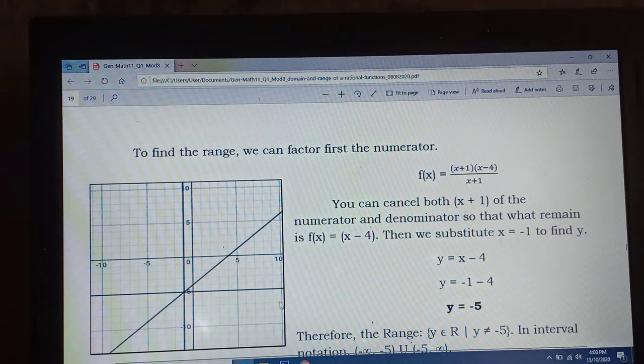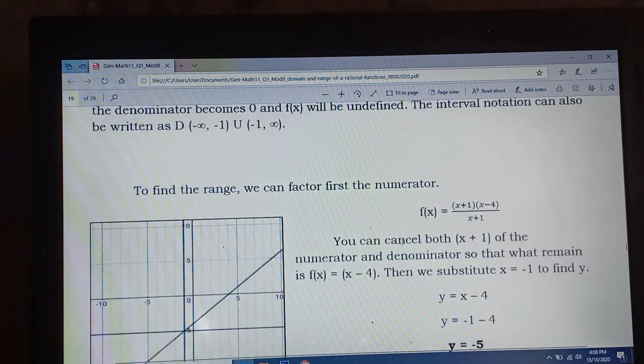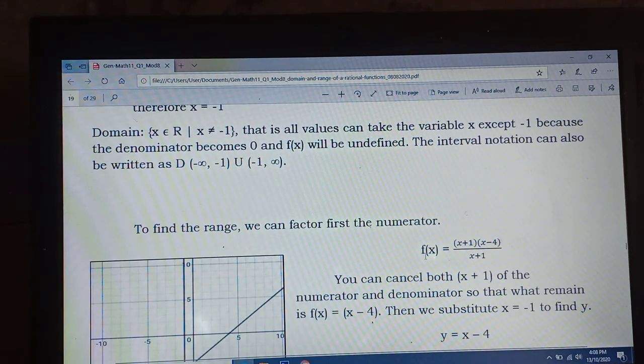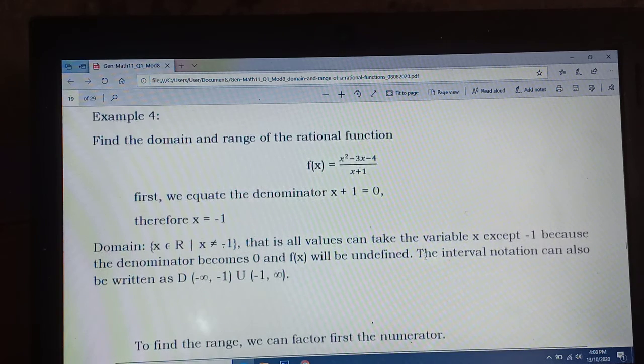Next, we have to find the range. In the same case, what we do is we change f of x to y. That is, we have x plus 1. We can first simplify.